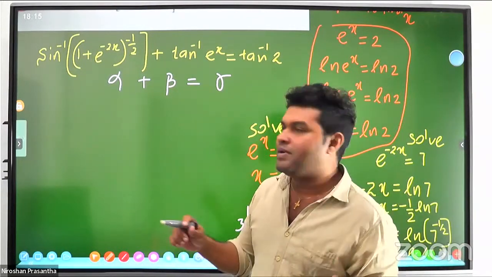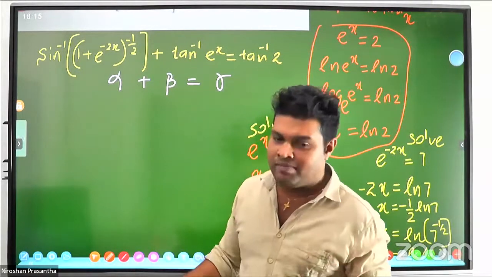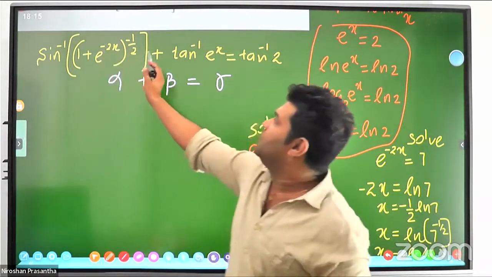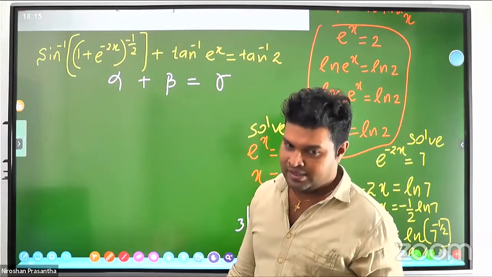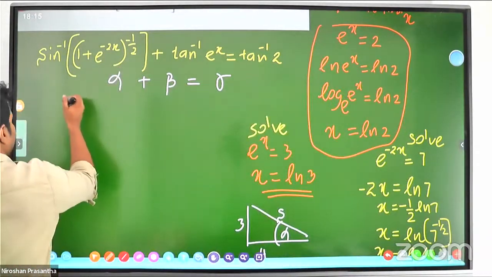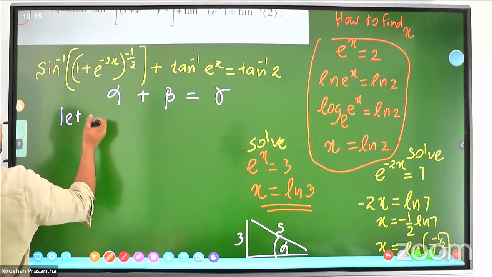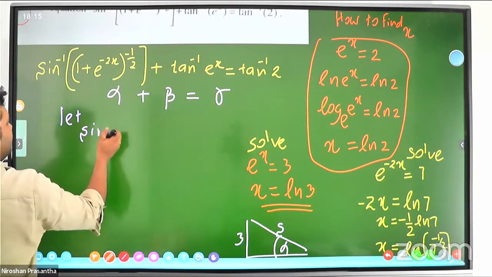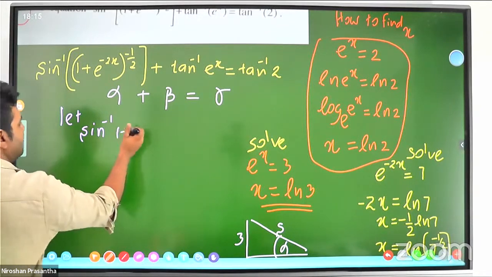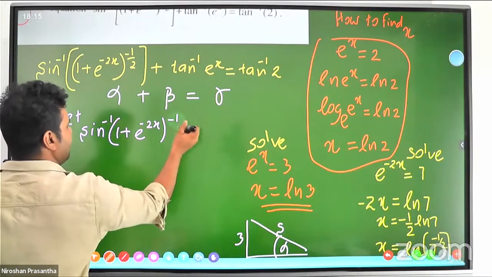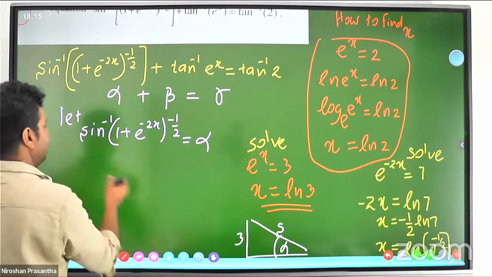I think the first concept is okay, right? The first concept is that I can write this one in terms of tan inverse. Therefore, let sine inverse of (1 plus e to the power minus 2x) to the power minus half equal alpha.